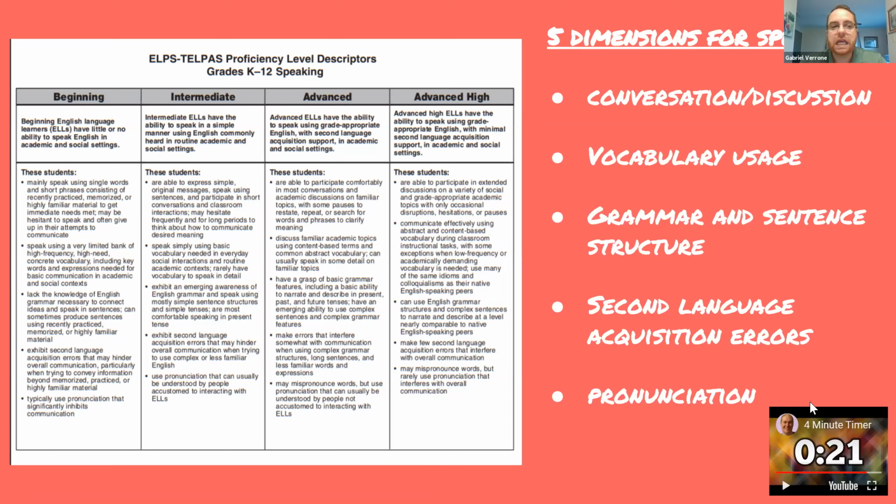But who would be kind enough either to drop in the chat or unmute themselves and tell me, what did you notice about the progression of descriptors as they moved from lower to higher levels? And if you would rather type that, feel free. That is a little more time consuming than just saying it.